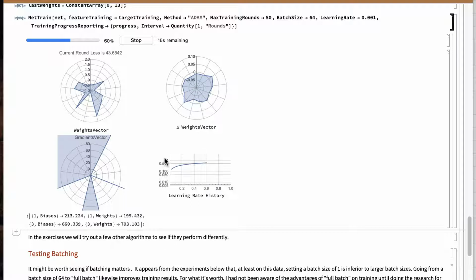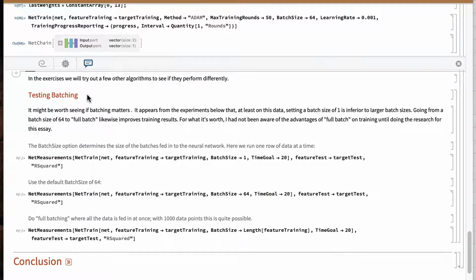These numbers are the ratio of the current learning rate to the initial learning rate that I specified. And so you are seeing some changes here in the weights, but pretty much we're done. I guess that's what you need to see on training.